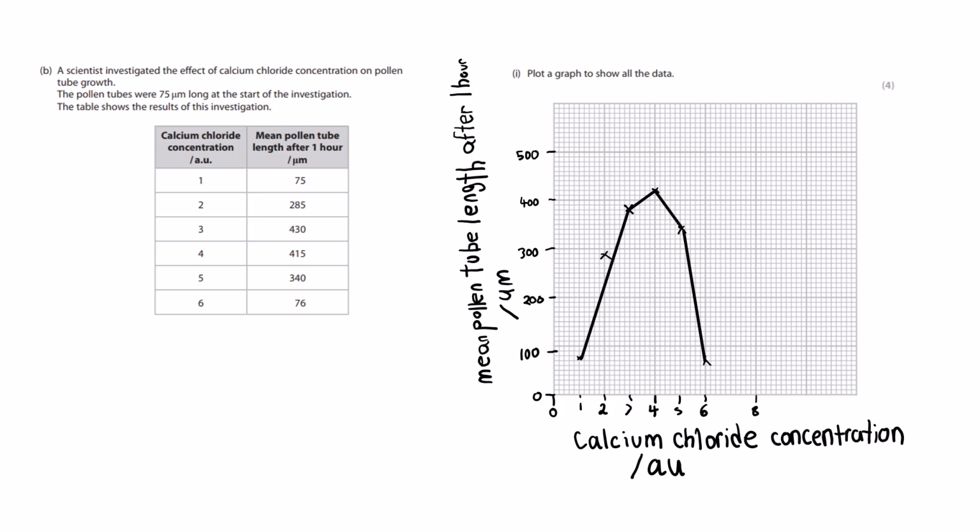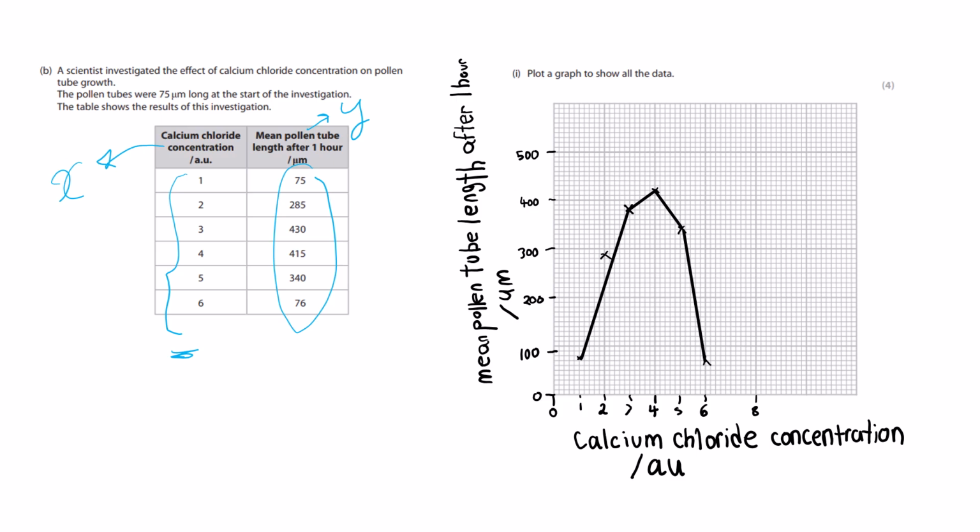Our mean pollen tube length is going to be our y, and our calcium chloride is going to be our x. Because over here the numbers are pretty stable, they're from 1 to 6. Over here there's a range of numbers. Therefore, x is going to be the calcium chloride concentration because they're stable, and y is going to be the different range, which is going to make it our y-axis.